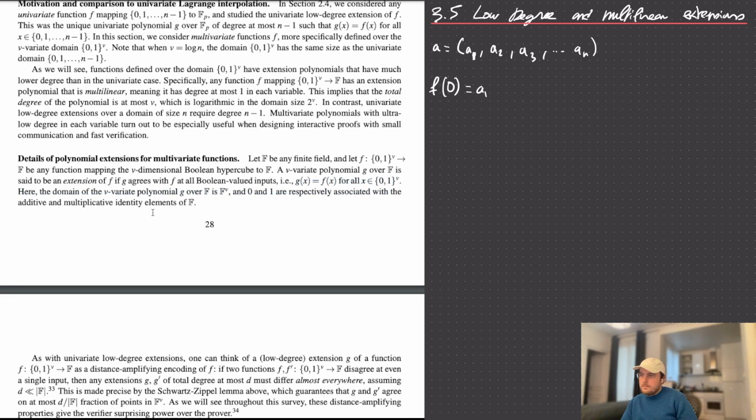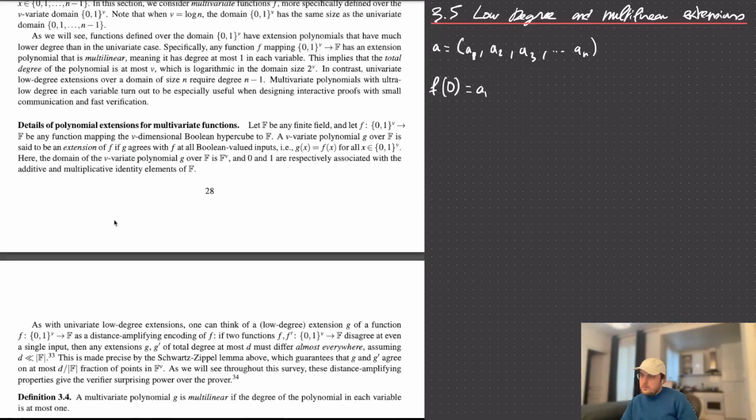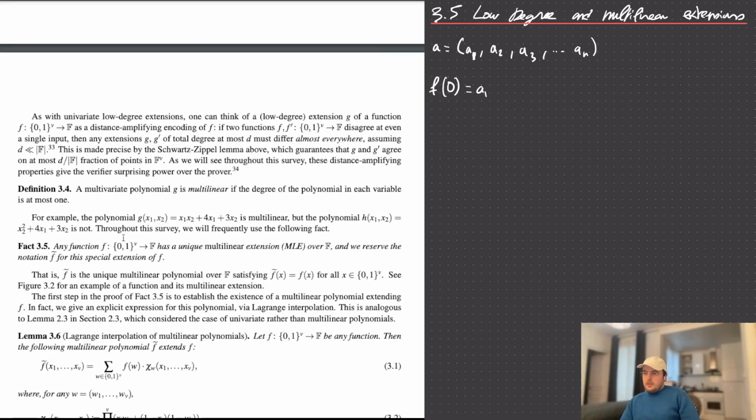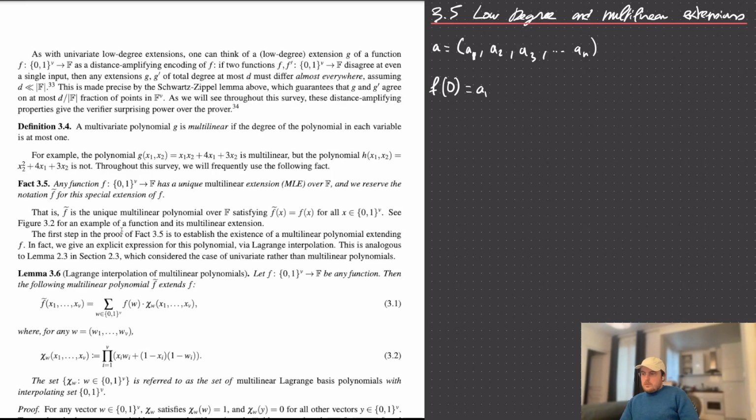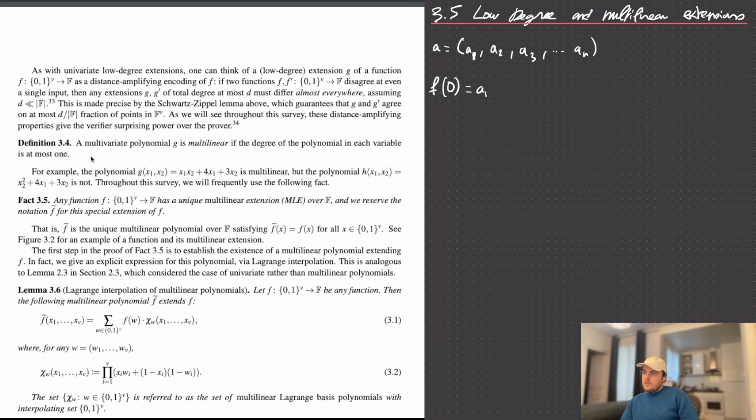Here the domain. A multivariate polynomial G is multilinear if the degree of the polynomial in each variable is at most 1.